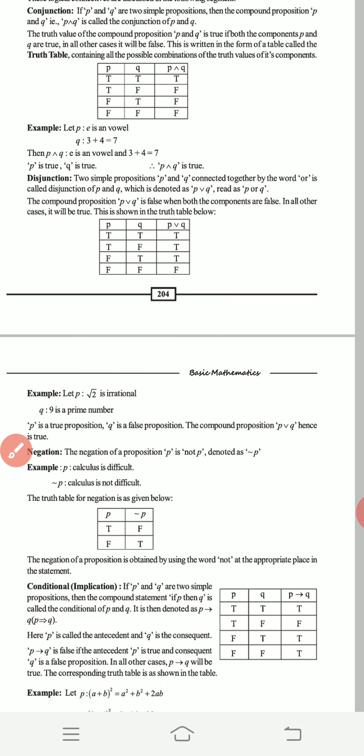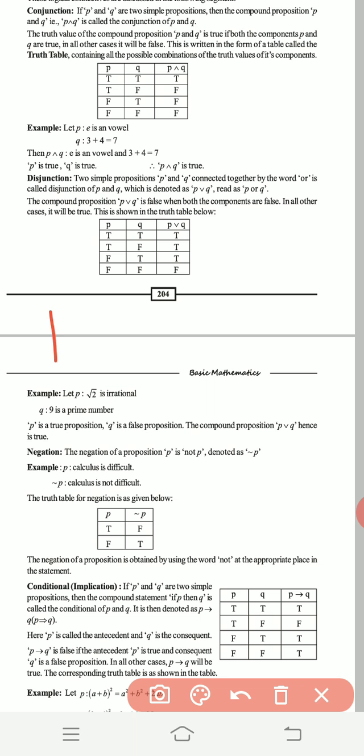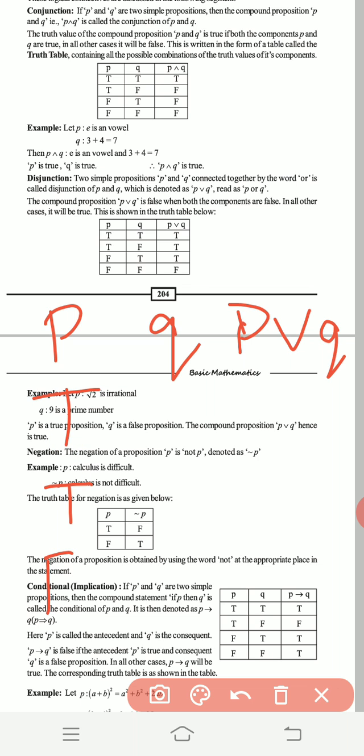Okay. Next, consider the truth values. Suppose P, Q, P or Q. Suppose these are the possible cases: true, true, false, false, true, false, true, false. Like that we can write. See, in our statement, if any one of the statements is true, then the compound proposition is true.